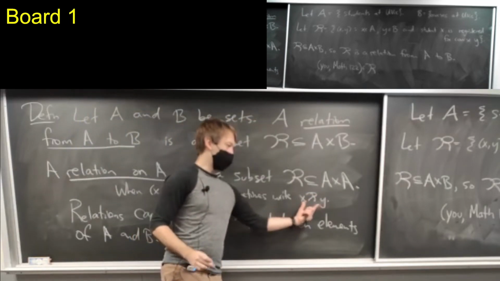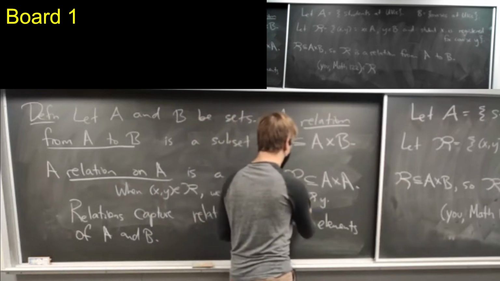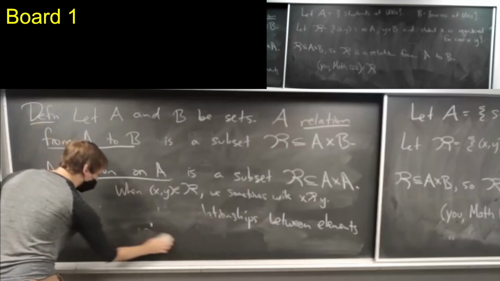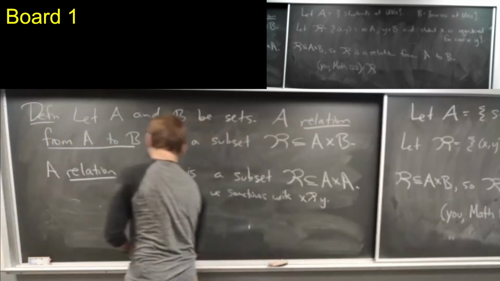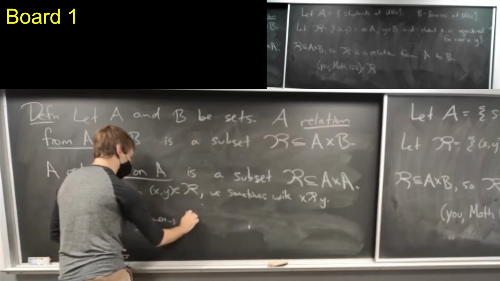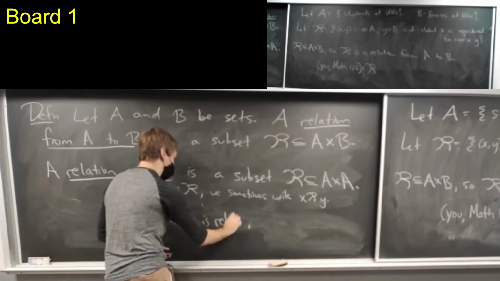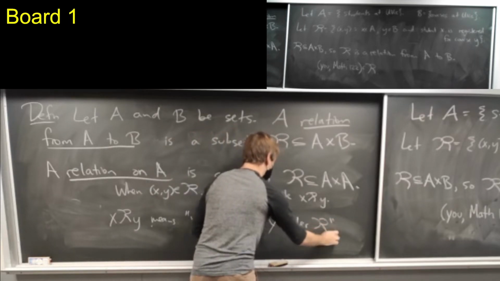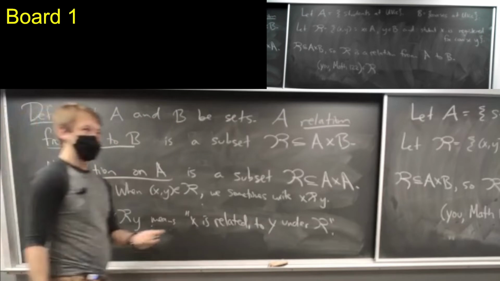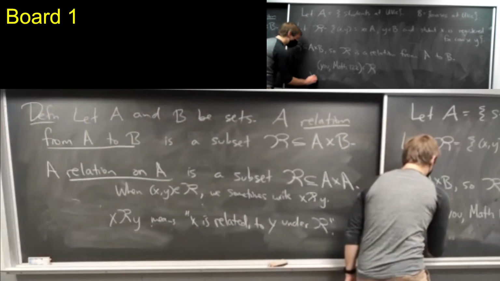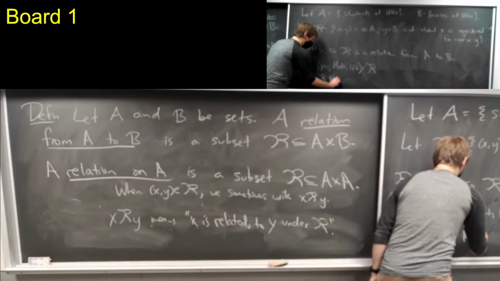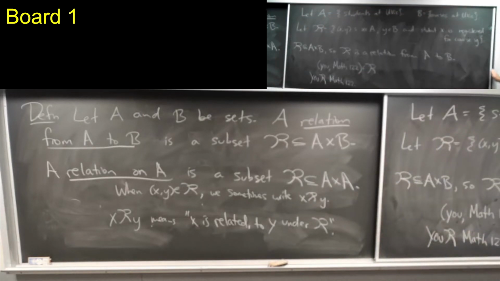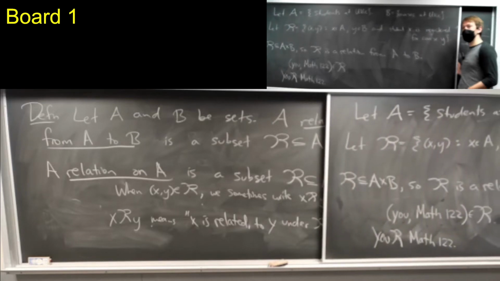So again, translating into English, this means x is related to y under the relation R. So I could also write you R Math 122. So these two things would mean the same thing. Any questions about that?